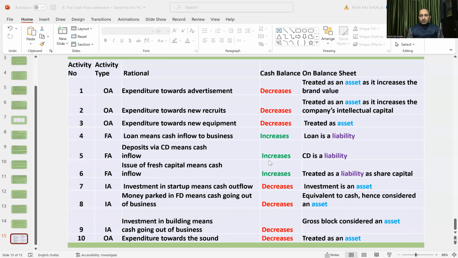Again, downside, we see whenever investment increases, cash will decrease and assets will increase. So this is an important thing and we have to take care of it, and our analysis will be done further. So let us see a real example.